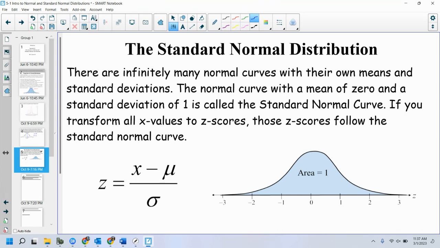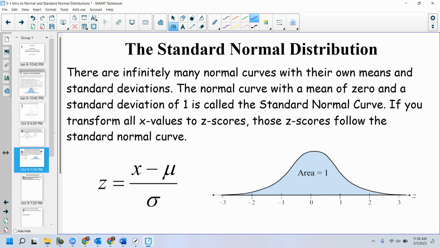So wherever it falls on the scale that you were using, New York, Ohio, Pennsylvania, whatever, you can compare a score from New York to a score from Ohio by transferring it into a z-score.